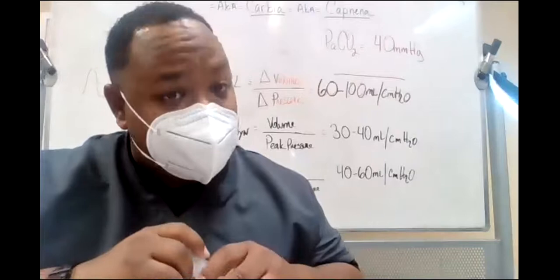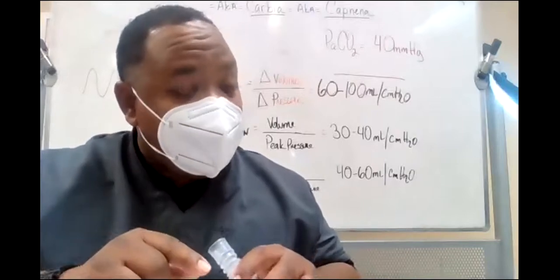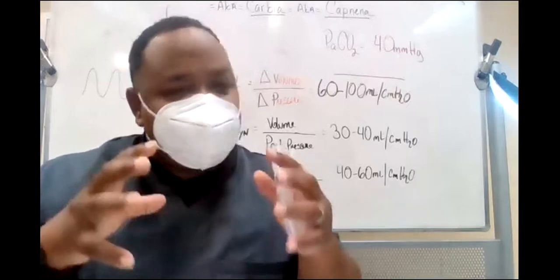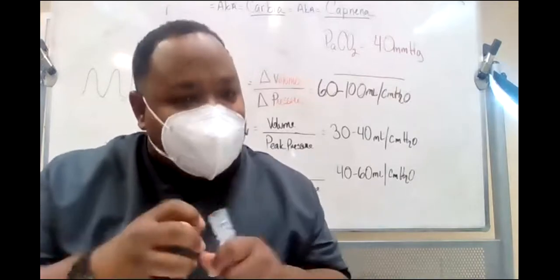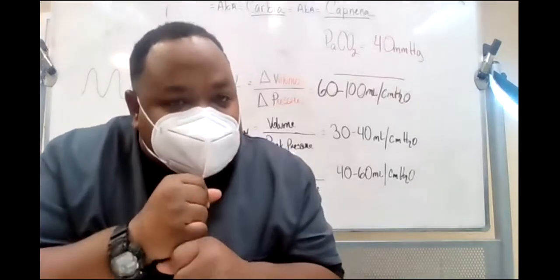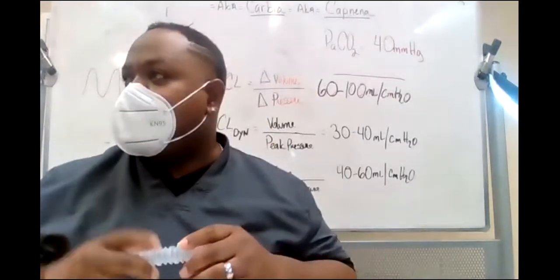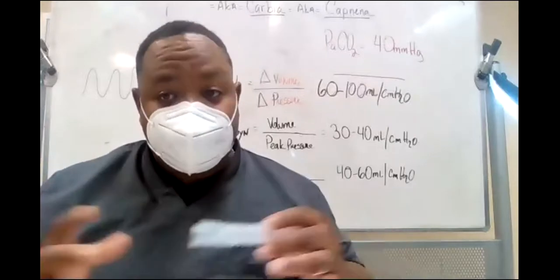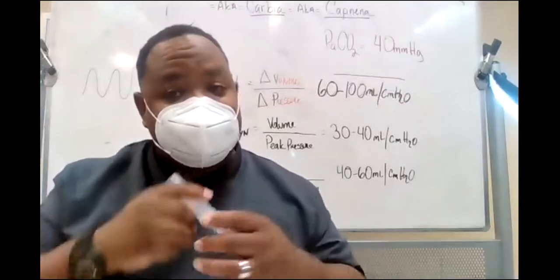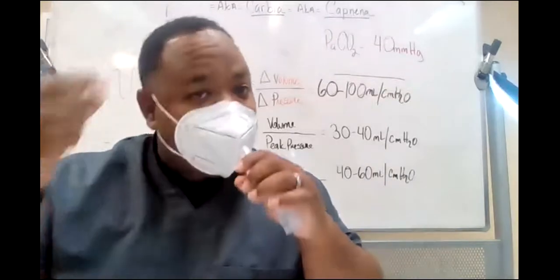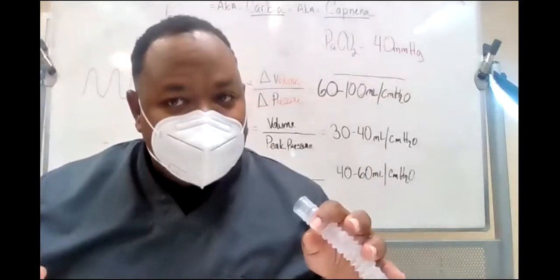It's going to take me more pressure to get that in there, right? Because that's smaller. So you can think of a coffee straw as a lung that has a very low compliance. It's tight, it's rigid, and I have to blow hard to get it in there, right? Or think of balloons. You got some balloons that are easy to blow up and some of them cheap balloons that you have to have a vein pop in your head in order to blow it up, right?